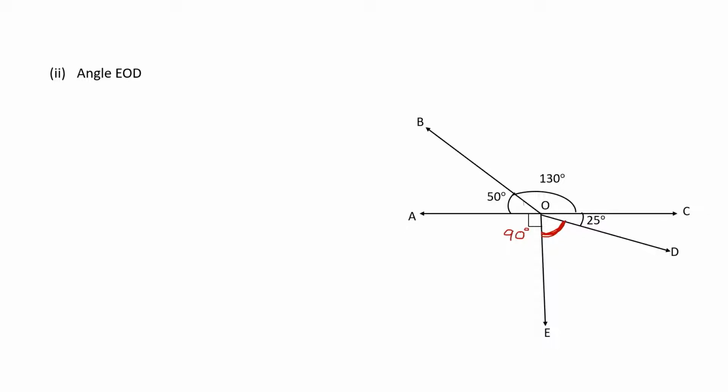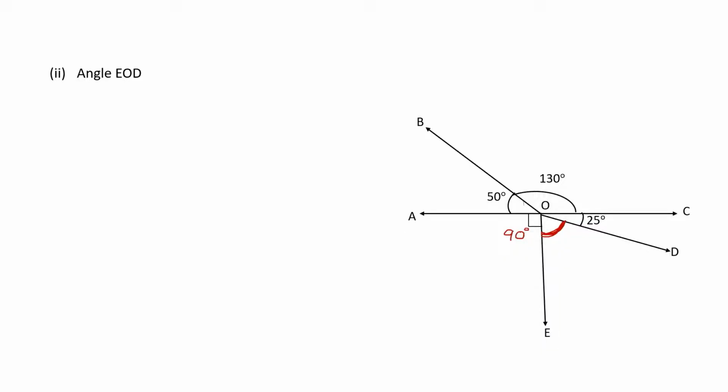If you add up all, it should be equal to 360 degrees. So I can add up 90 plus 50 plus 130 plus 25, and when I subtract that from 360, I will get this angle EOD. That is one way of finding out.